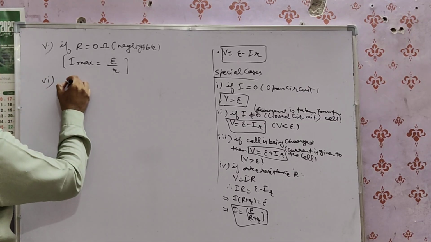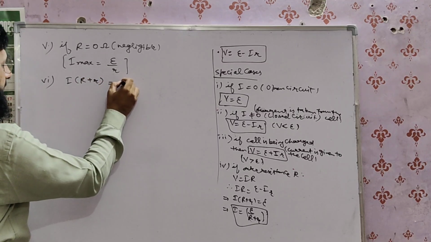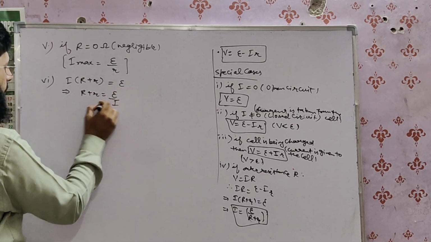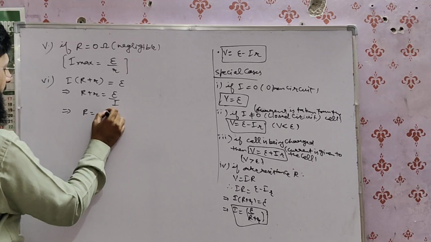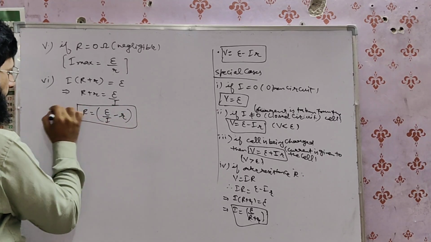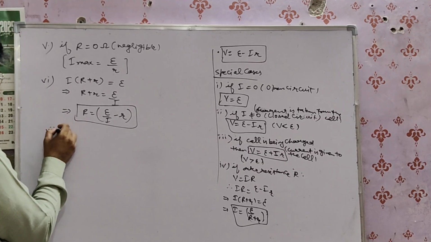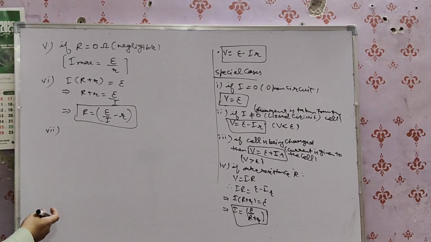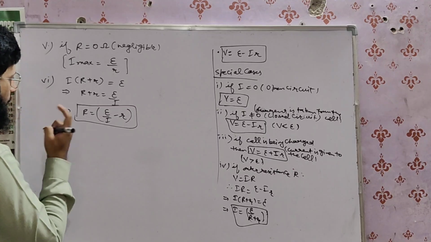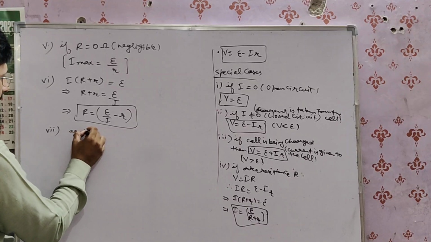Now next, again by the same formula, small I into capital R plus r is equal to E, implies R plus r is equal to E upon I, implies capital R is equal to E upon I minus r. So this formula will be used to find out the external resistance or outer resistance. Questions are given in NCERT. Let's move to next. Same formula we are taking again.